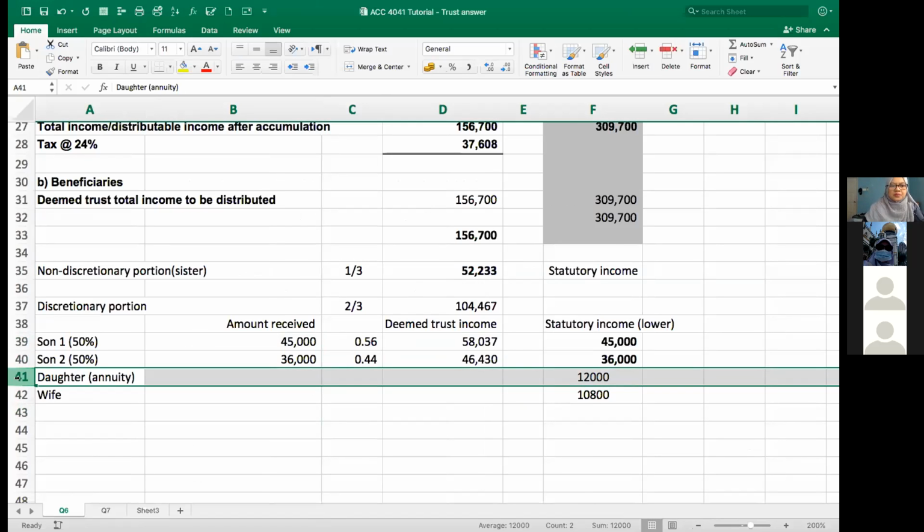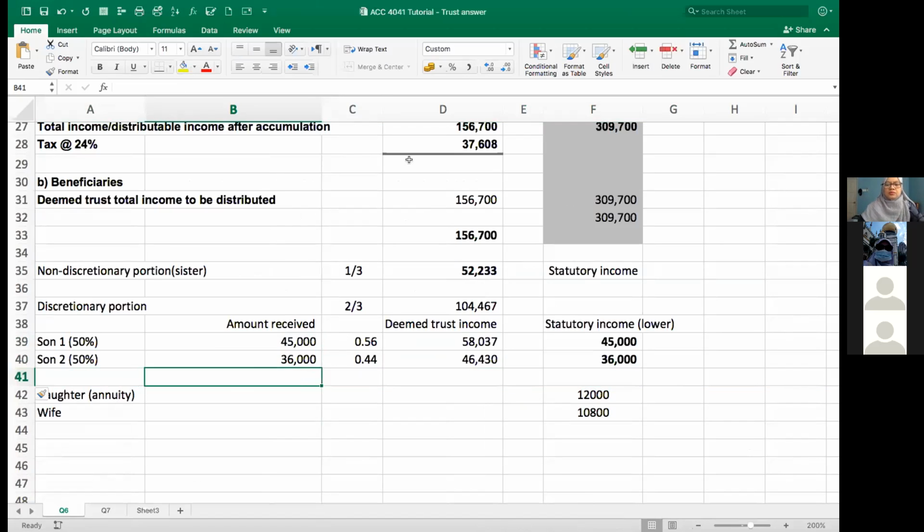Okay, I will just insert satu lagi. So, right, 81,000. Based on the amount received by you are going to decide how much actually distributed the portion. Kita nak pembahagian ni sebab dia tak cakap 2/3 ni how to divide between the son 1 and son 2.